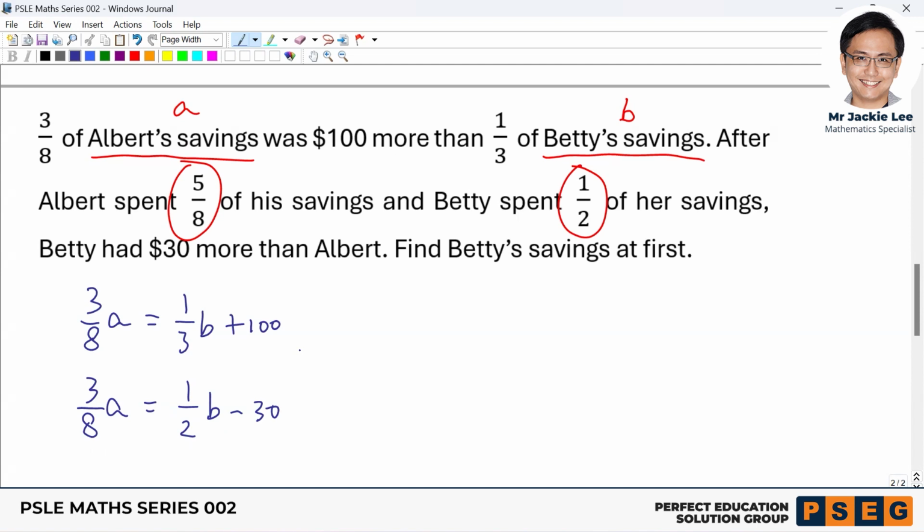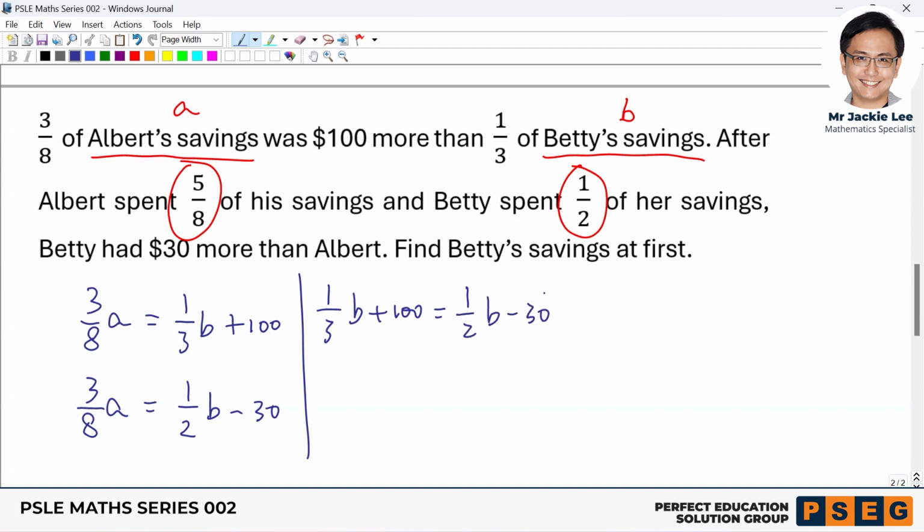Now, obviously these two are actually the same thing, correct or not? So in other words, we can now equate the right-hand sides of these two equations. Which means we can have 1/3 B plus 100 equals half B minus 30, right?